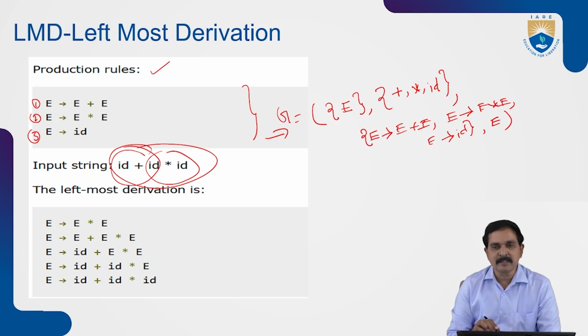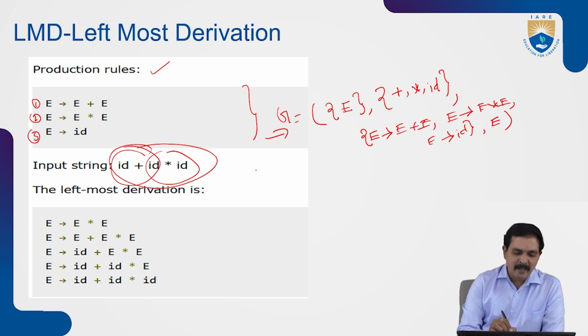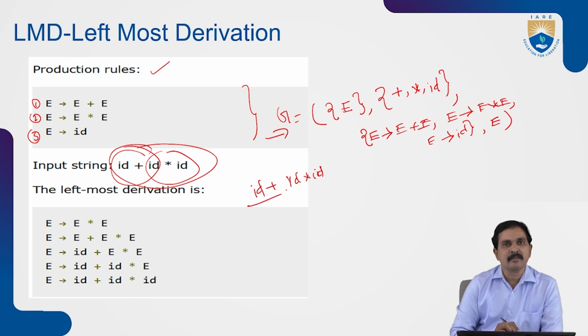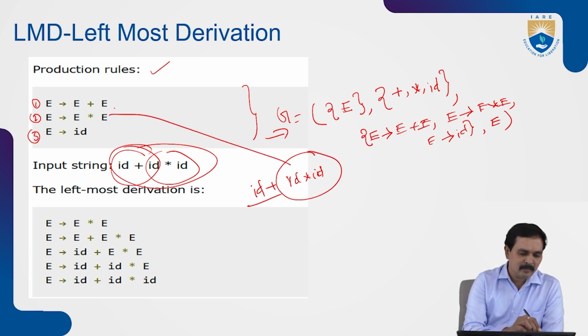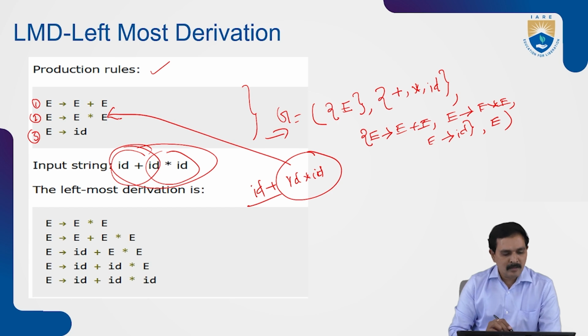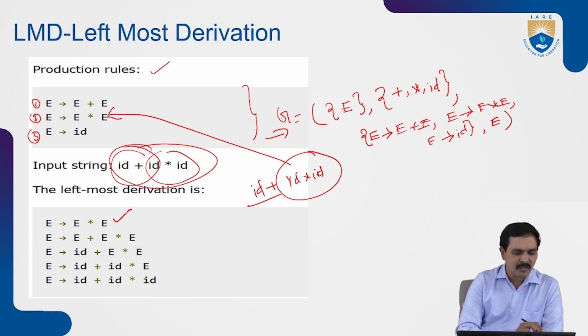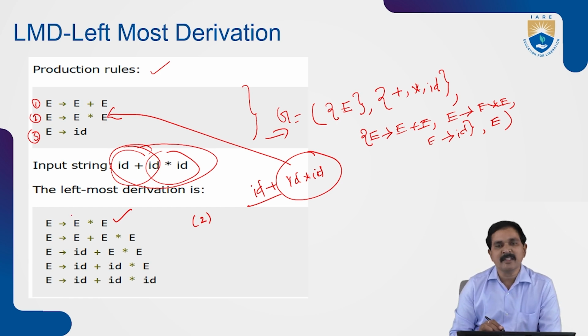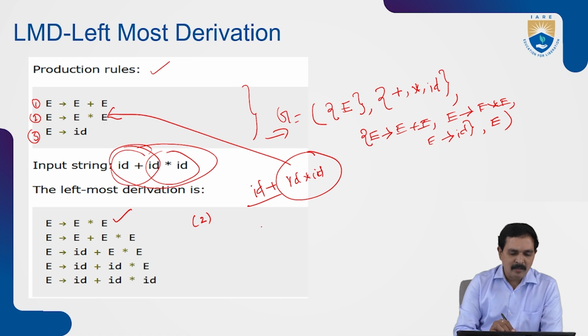So ID into ID first, and then you go for adding ID. Which rule is suitable? I think the second rule is suitable, so you should start from the second production. Here, applying the second rule, you can choose E becomes E plus E. After that you want to obtain the plus symbol and ID.